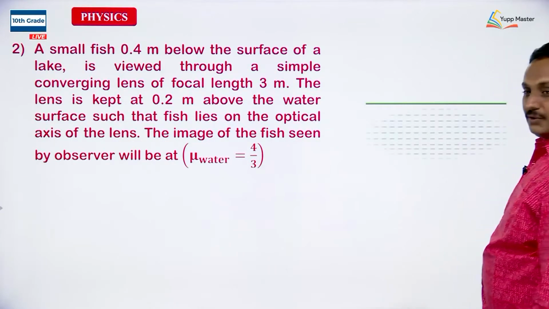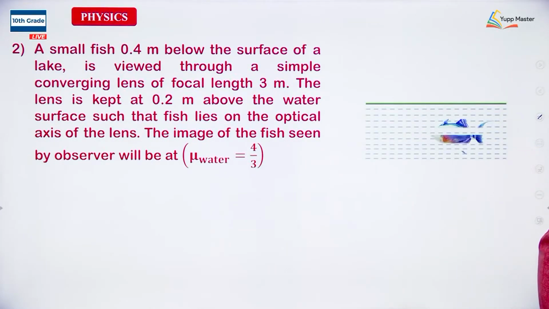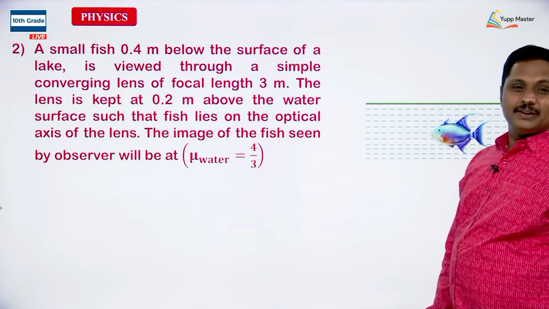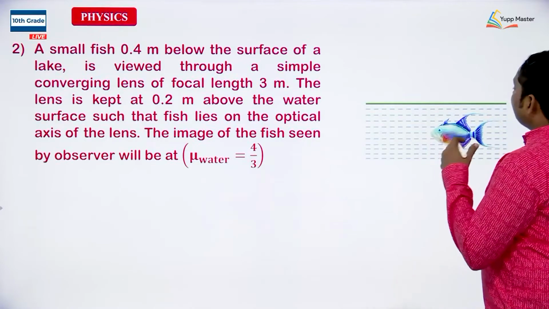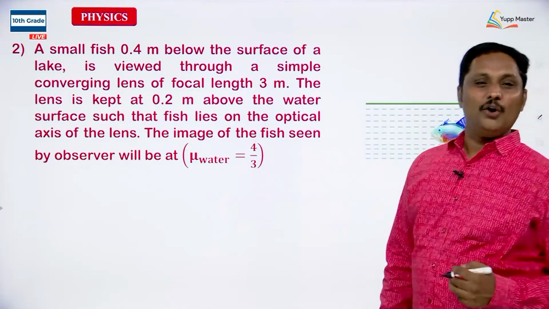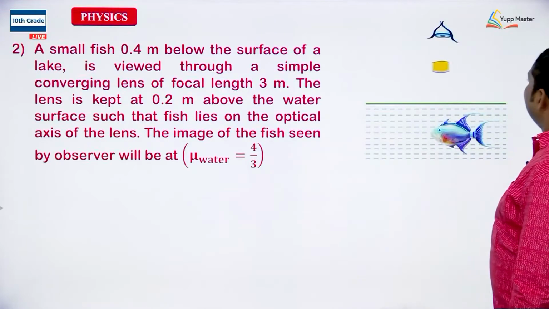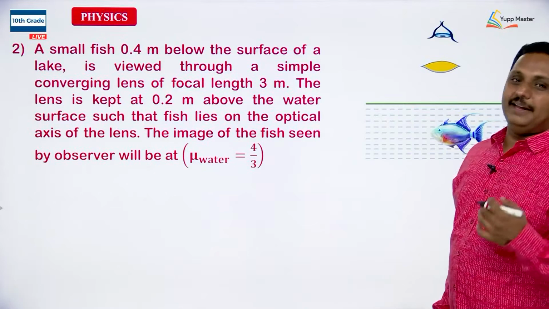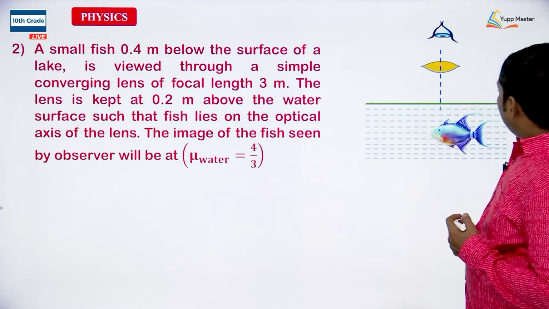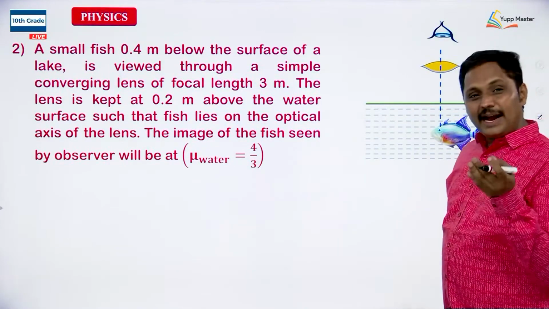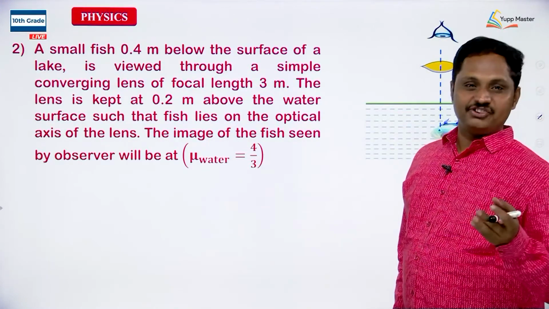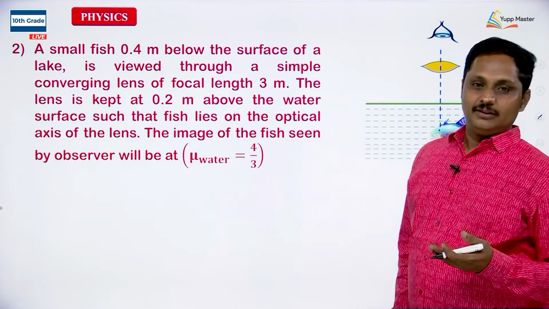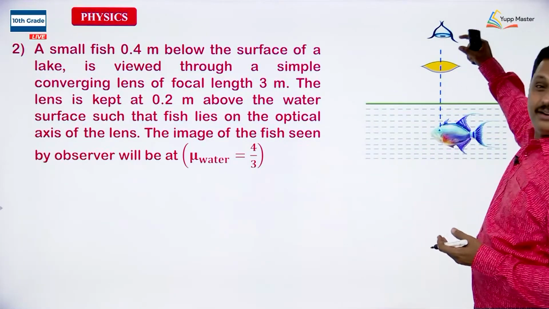See this, if you identify this case, this is a fish, observed through a convex lens. If you take the concept of apparent depth, the actual position of the fish is going to be different, it is going to be raised when we observe from the rarer medium.